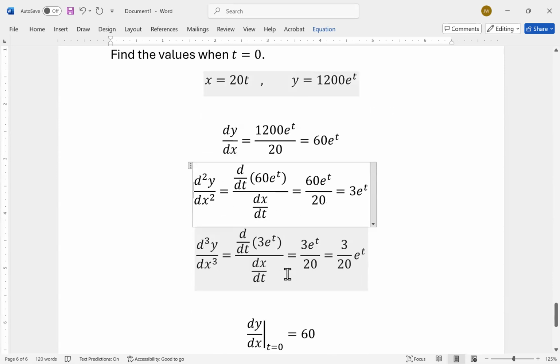If you wanted to find the fourth derivative, the fifth derivative, you could do the same approach. If I'm doing the derivative of the third derivative, I take the derivative with respect to t of the second, divided by dx dt. For the fourth derivative, I'd take the derivative with respect to t of the third derivative, divided by dx dt. And so on.